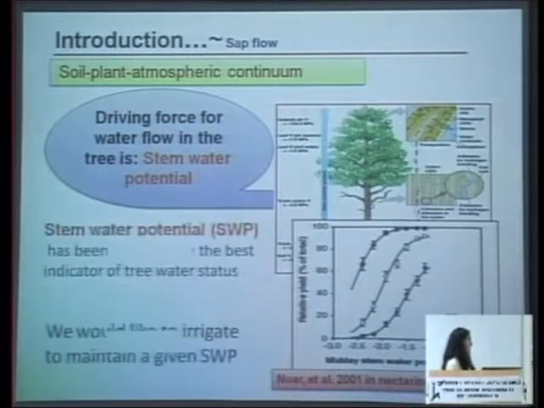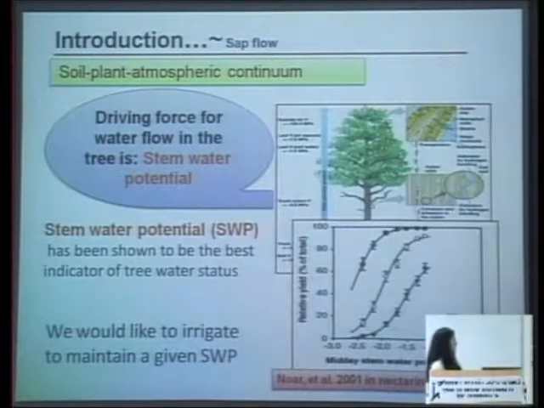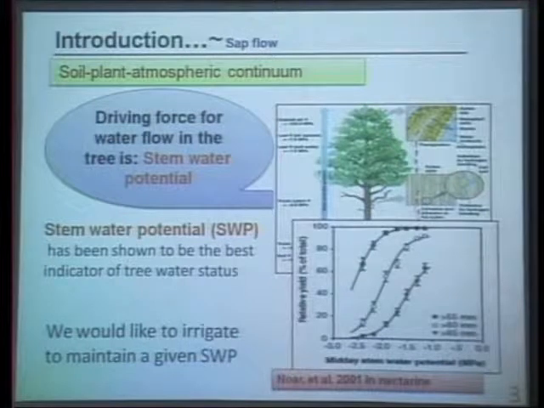The stem water potential has been shown to be the best indicator of water status in various crops, including nectarine. Here, according to Noor et al. 2001 in nectarine tree, they found a good relationship between relative yield on the y-axis and midday stem water potential in megapascals, and they found that both yield and fruit size were higher at high stem water potential.